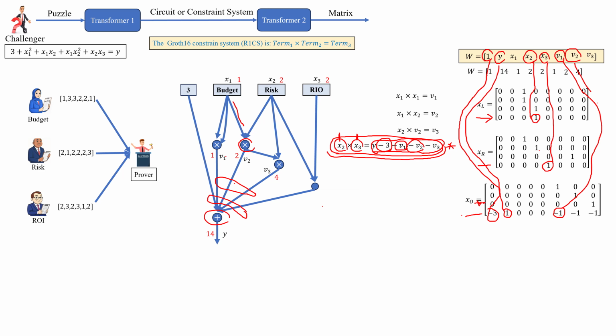So I'm going to replace V2 by -1 and also -1 for V3. So other values would be replaced by 0. Okay, done. We converted the circuit or the constraint into the matrix, right? So these constraints are converted into the list of matrices.